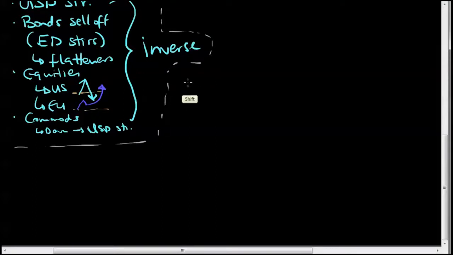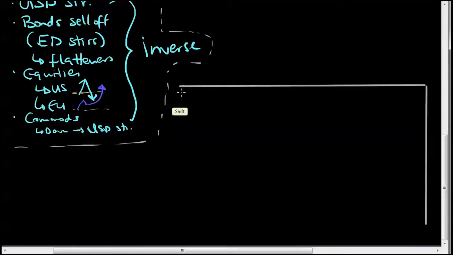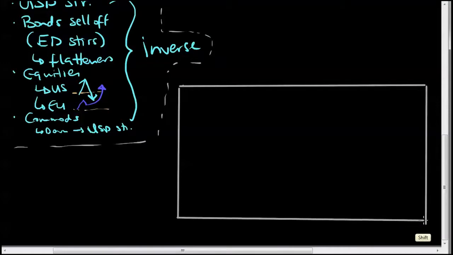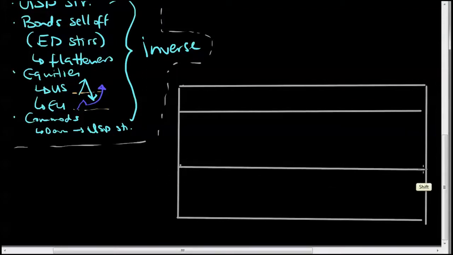And what we're going to do now is create a little chart for us to build a trading plan. These lines aren't perfect, but hopefully we get this done. We've got here, and then we've got something that looks like this.